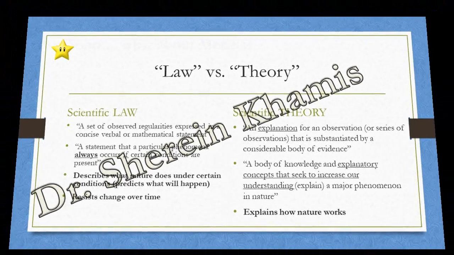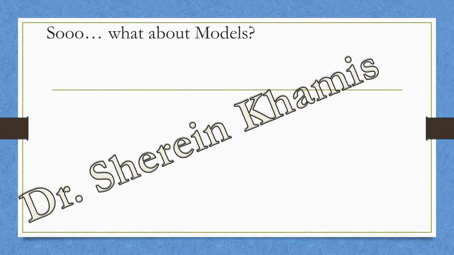Okay, so what about models? Okay, we said each scientist makes a model, constructed to help explain complex concepts. Each one made discoveries or concepts regarding what? Regarding the atom.